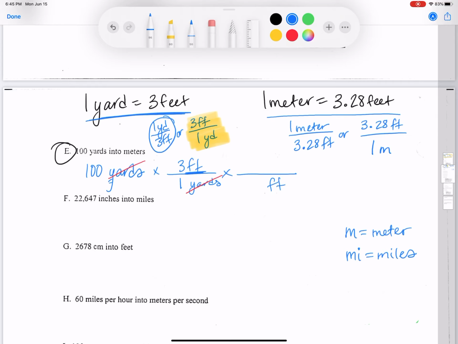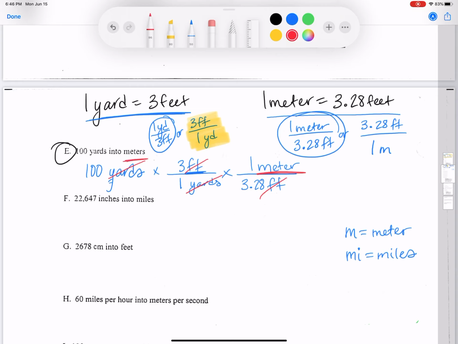That way they cancel. So I'm going to pick this conversion factor. So that gives me 3.28 feet in the denominator and 1 meter in the numerator. I'm going to go ahead and write out the entire word. So now if you look, feet in the numerator, feet in the denominator, they cancel out. I'm left with units of meters. I want units of meters.